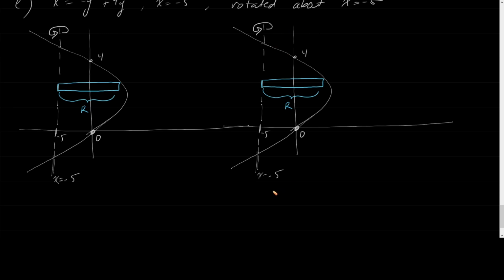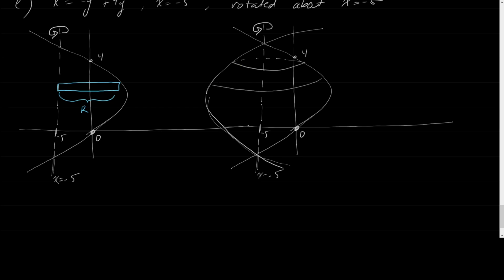Ooh, that was awful. Yeah, something like that. That's essentially what we've got, right? Where this right here is our y-axis, but this over here is our axis of rotation, right?